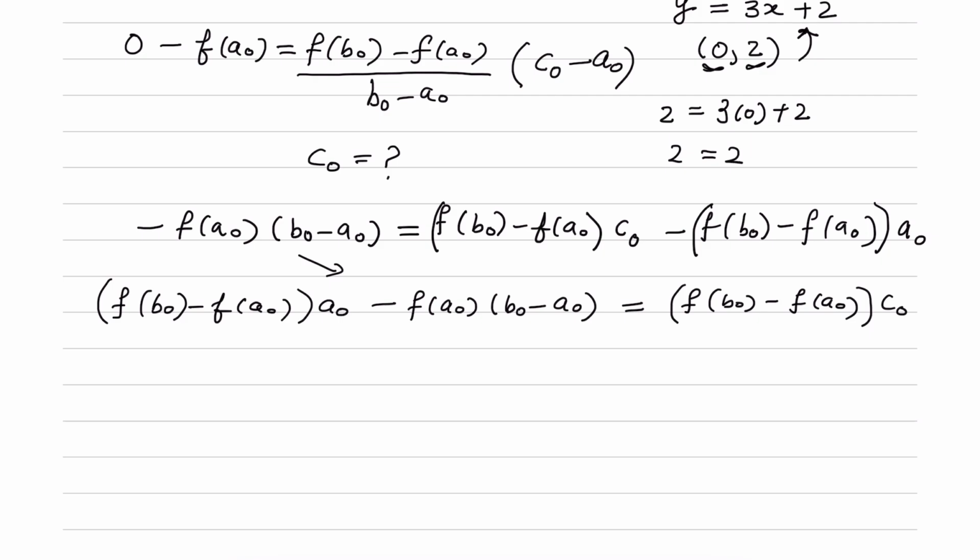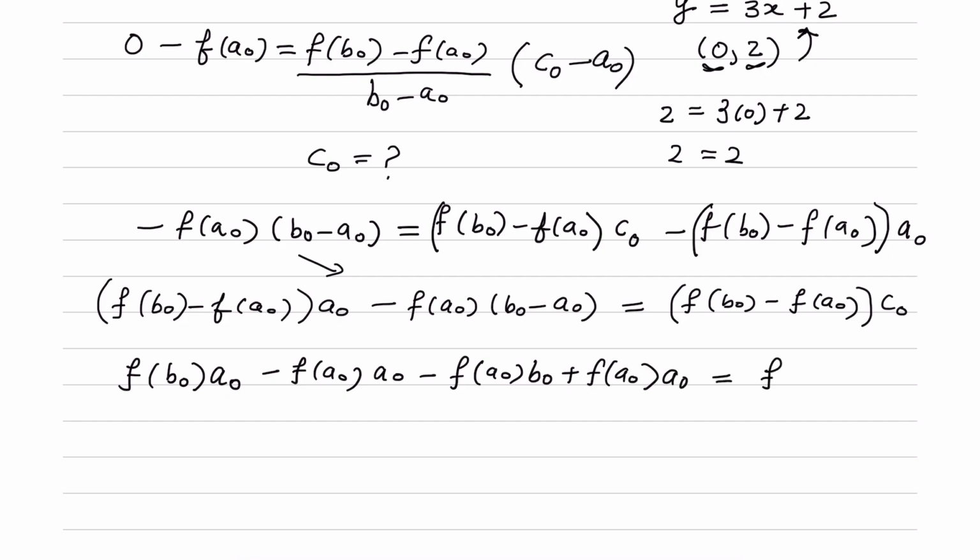Now solving the left hand side, f of b naught multiplied by a naught minus f of a naught multiplied by a naught minus f of a naught multiplied by b naught plus f of a naught multiplied by a naught. And this side f of b naught minus f of a naught, c naught.